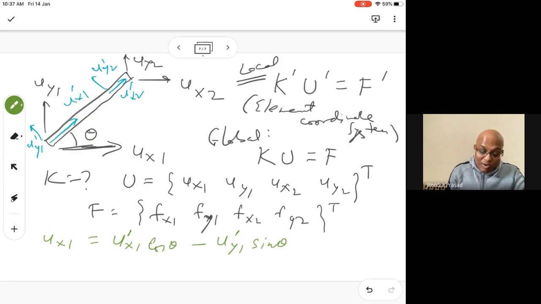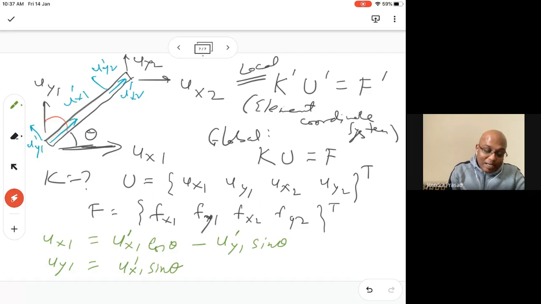Second equation, you can find out uy1, which is this. uy1 will be equal to ux1 dash sine theta, because this is 90 minus theta, so sine theta. So we write it here as ux1 dash sine theta, and then you have this also will add. Both of them have component upward, hence both will add.